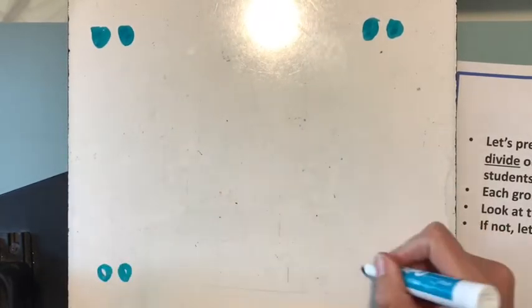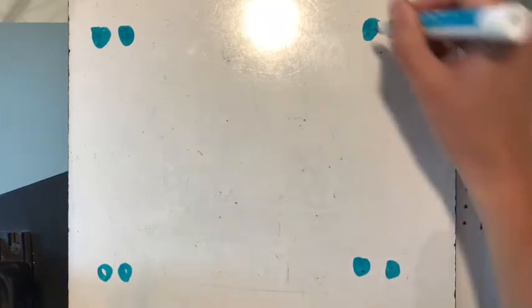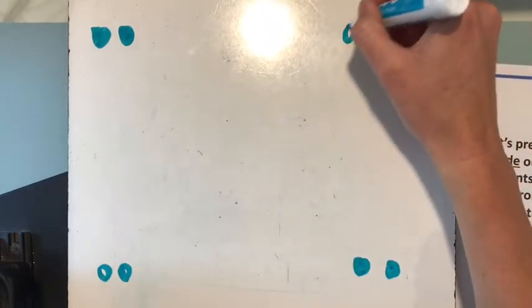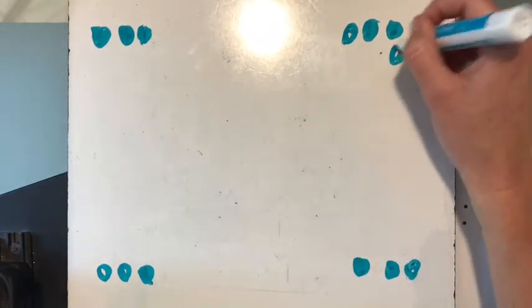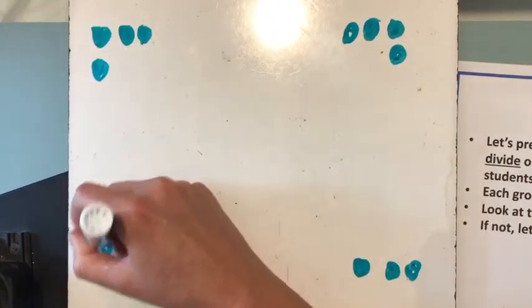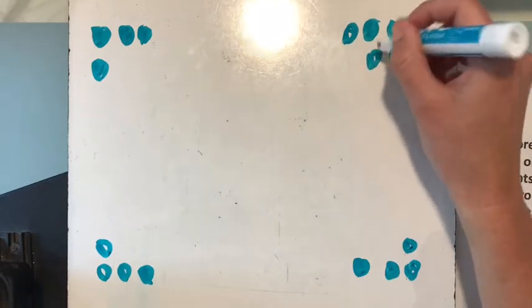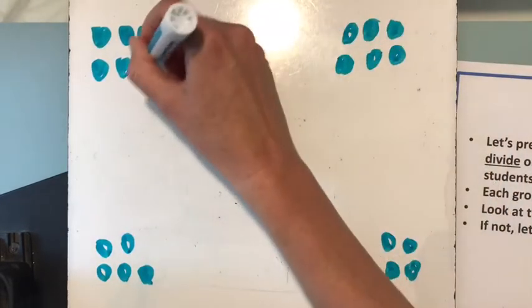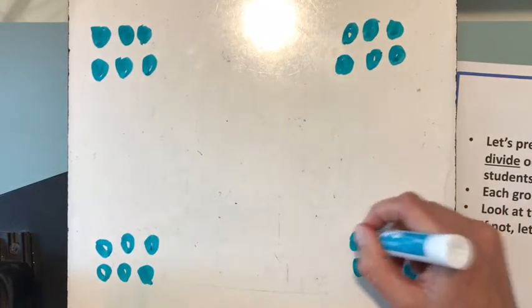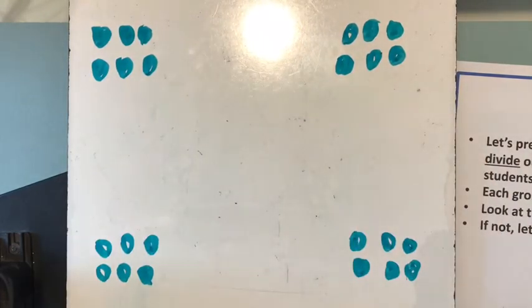There we go. Now you can see. Okay, now we have 8, 9, 10, 11, 12, 13, 14, 15, 16, 17, 18, 19, 20, 21, 22, 23, and 24. Okay, so you guys have split yourselves up into each corner of the room.